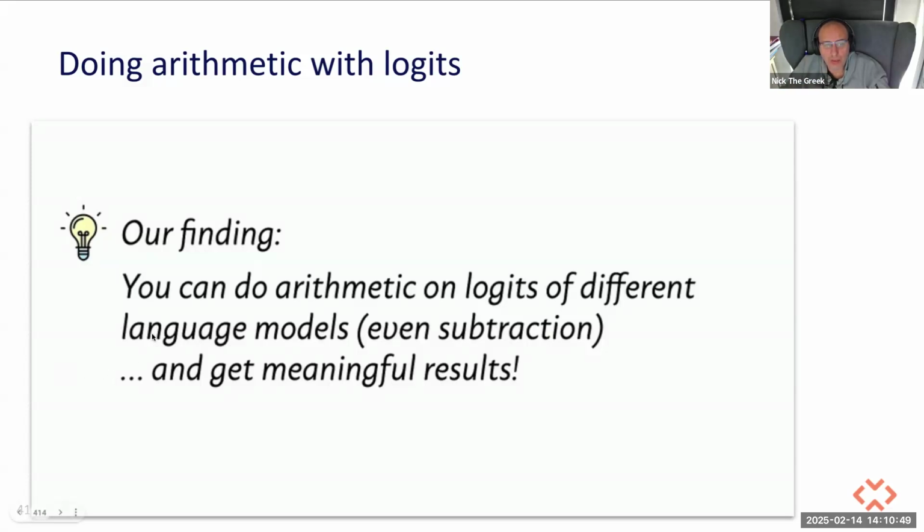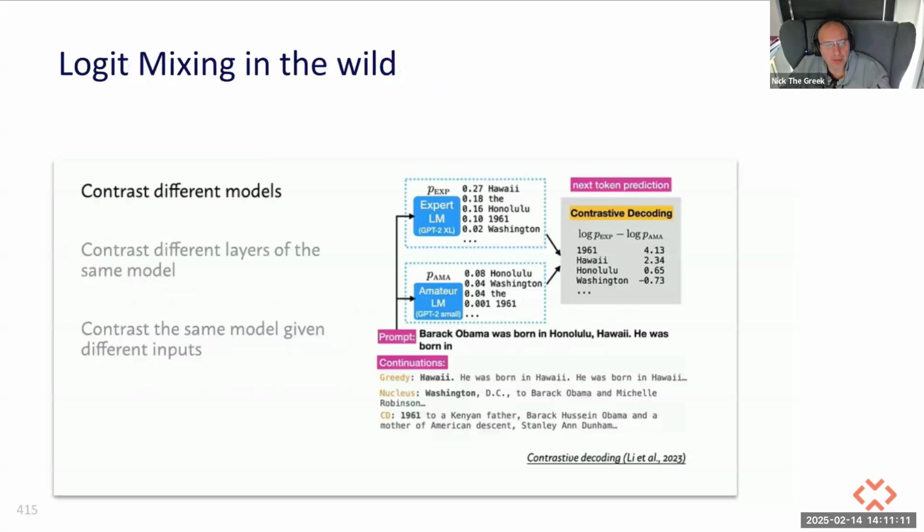You can do arithmetic on the logits of different language models, even subtractions, and get meaningful results. In some cases, you could even do this arithmetic on logits from different architectures. Let's say different language models. They can be the same, but they can be different. And here are some examples.